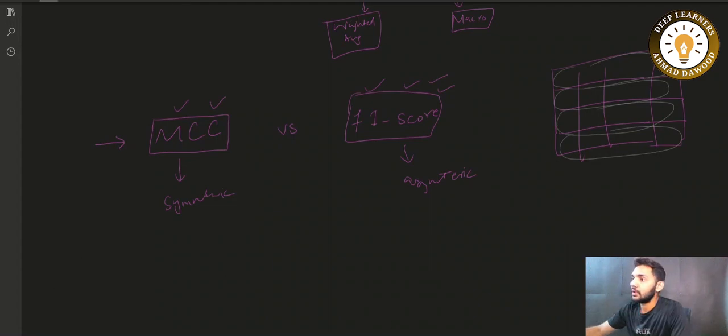So the main advantage that MCC had over the F1 score in binary classification was that MCC catered to all the cells and F1 did not. But in multi-class classification, you have seen F1 score is also catering to all the cells of the confusion matrix. So here you can just rely on F1 score.